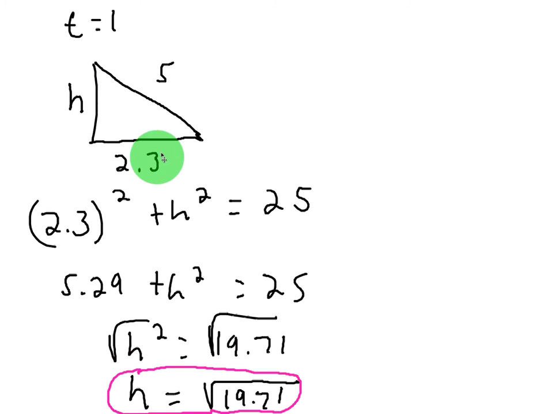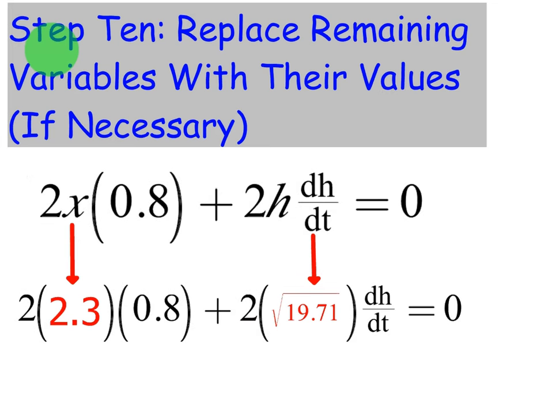Since we know it's 2.3 meters away from the wall now, after 1 second, if this is 5 and this is 2.3, we can solve for h using the Pythagorean theorem. We get h equals the square root of 19.71.